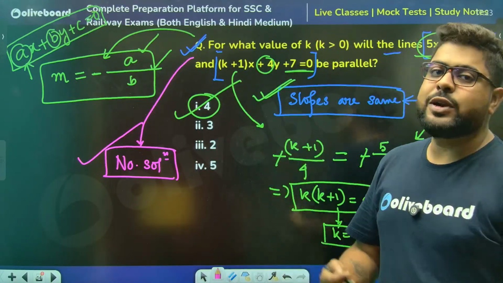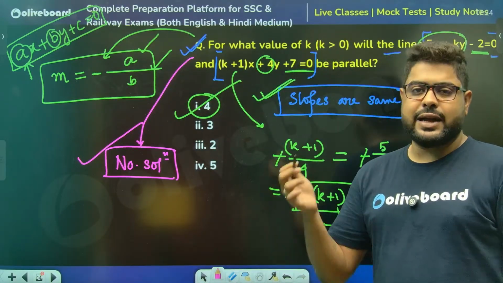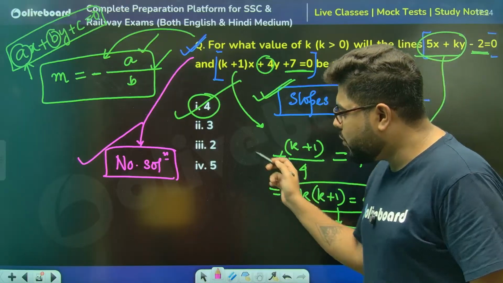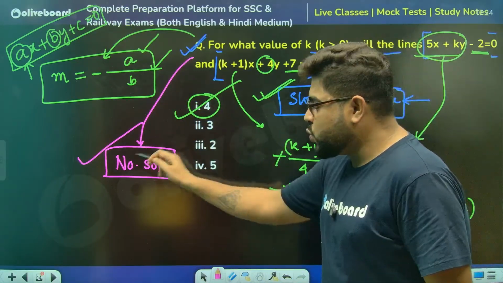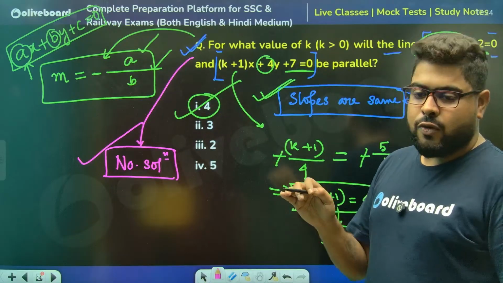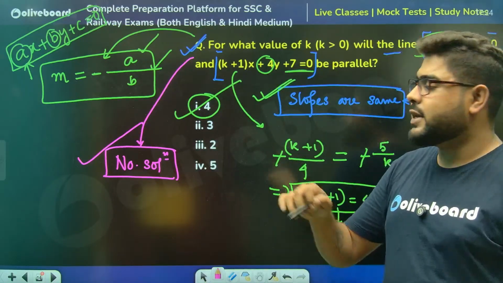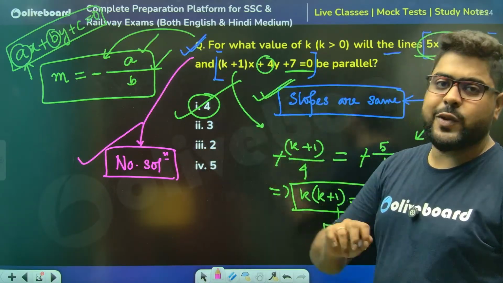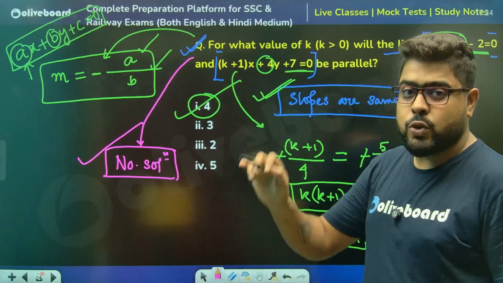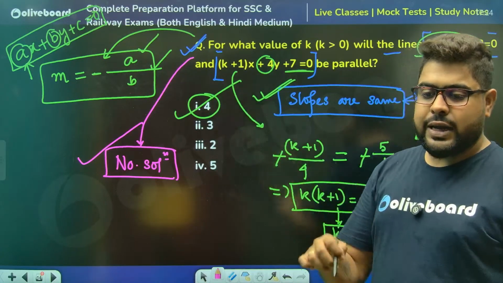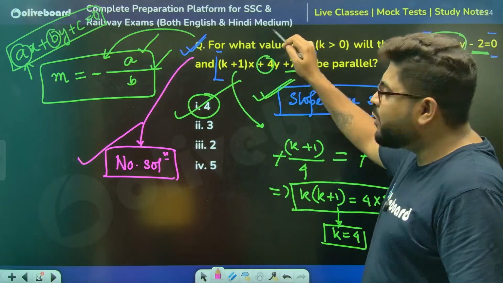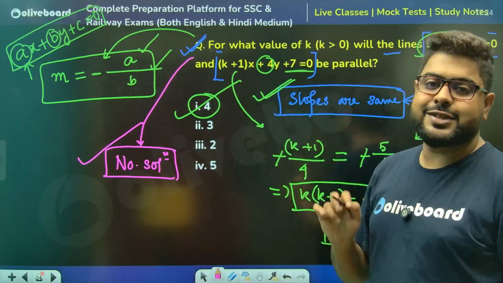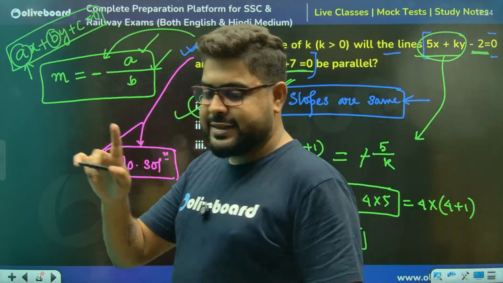Again, in foundation batches, whoever has learned from me, I have gotten into depth. Look, these two things are related. What is infinite solution? What is no solution? What is unique solution? Those conditions, a1 by a2 equal to b1 by b2, actually come from coordinate geometry, not from any other stuff. So actually this thing comes from here.